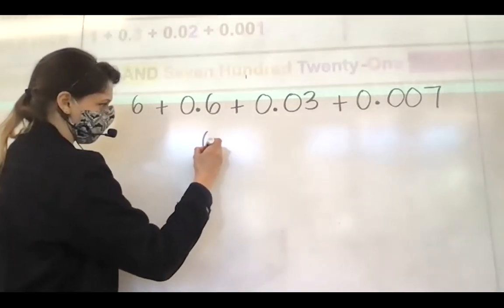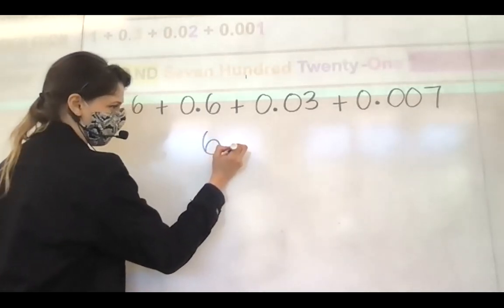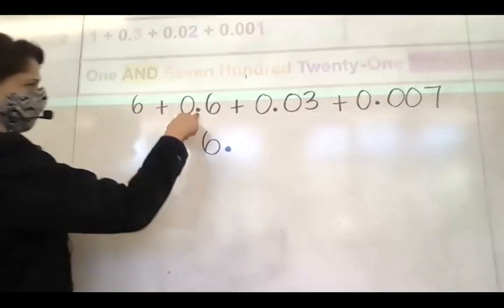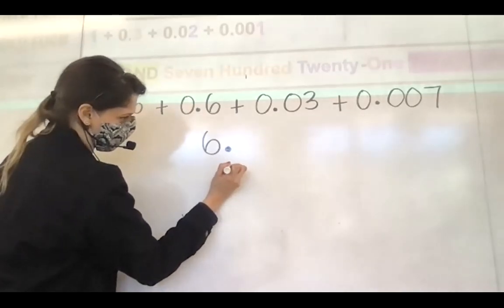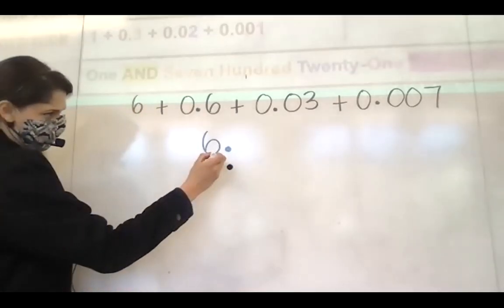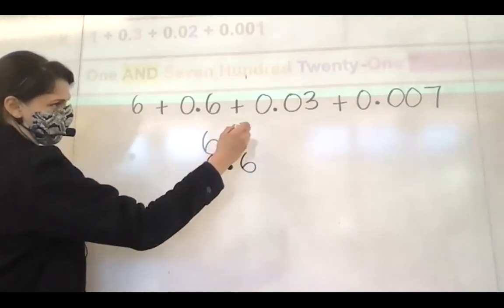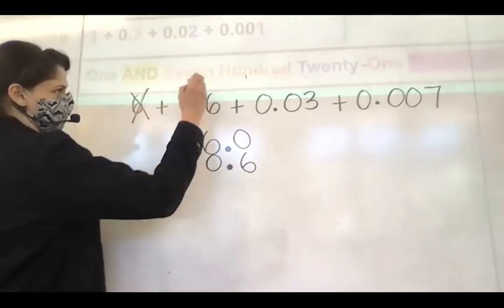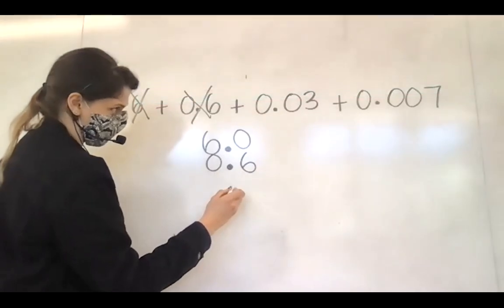Whole number 6. Remember I told you there's an invisible decimal point after every single whole number with an infinite amount of zeros. Now I'm going to take my next number, I'm going to find the decimal point, and I'm going to put it directly under. And now I'm going to write my numbers to the left and right of it. 0, 6. And I'm going to annex a 0 here as a placeholder. I did this number. Let's do this number. Put my decimal point down again.